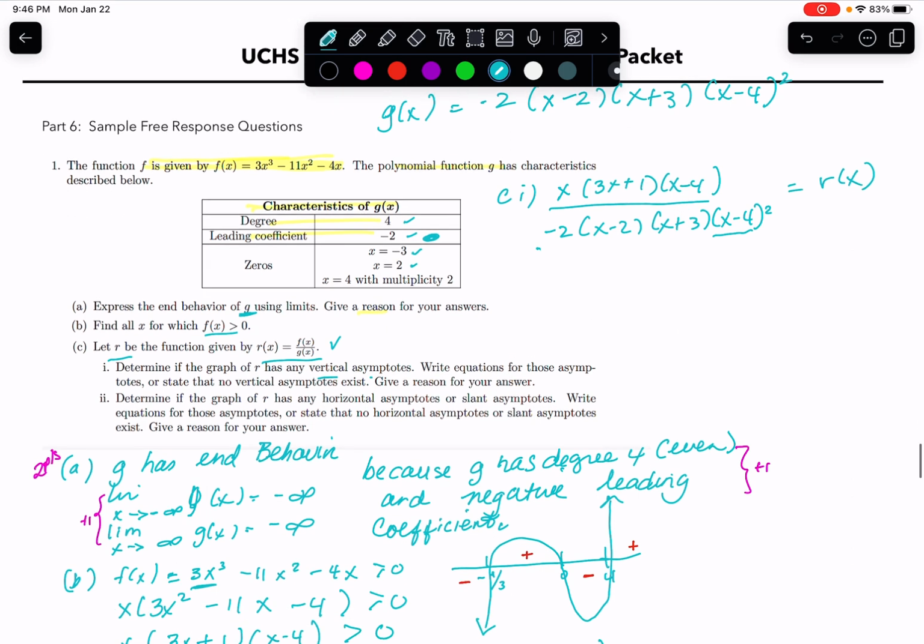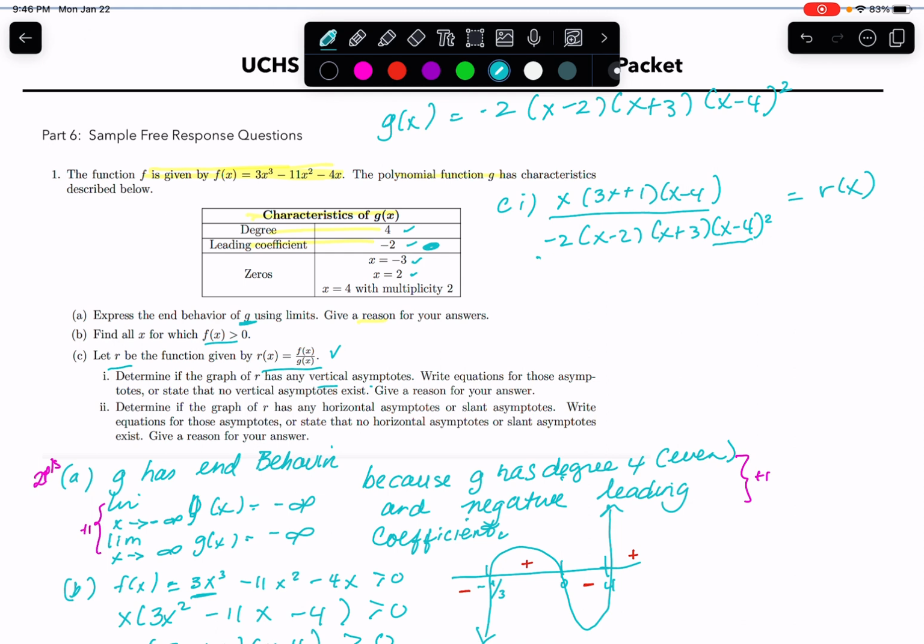So let's simplify it now because it didn't ask about holes yet. So this would be x times (3x plus 1) over negative 2 times (x minus 2) times (x plus 3) times (x minus 4).